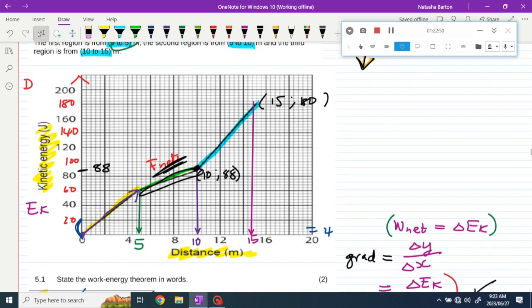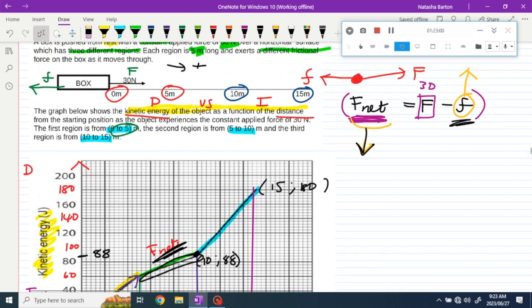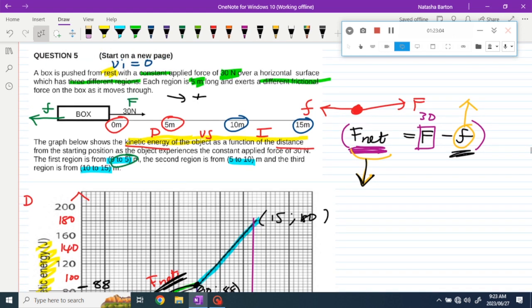So looking at all of these regions and the information given to us, what is constant in every single region? The applied force. They said here at the top, a constant applied force of 13 newtons acts on the box. It means no matter where we are, we are pushing at 13 newtons.